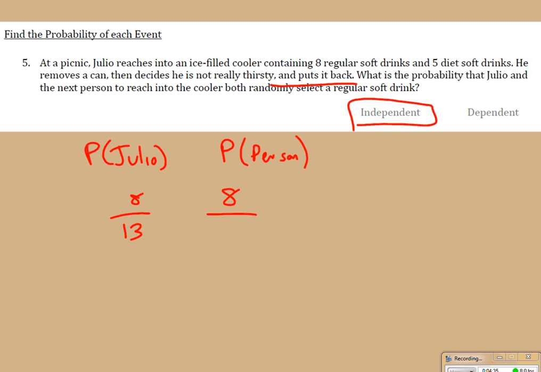That means there's still 8 regular soft drinks in there, and there's still 13 soft drinks total. So that is going to be 8 out of 13 times 8 out of 13. So that's going to be 64 over 169. And that's about as simple as you can get that. You want to give me a decimal?